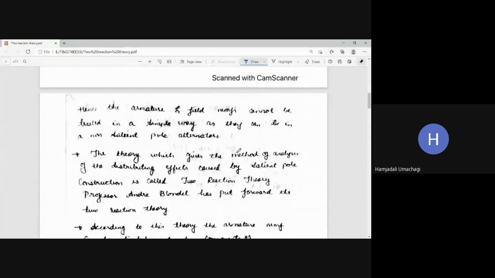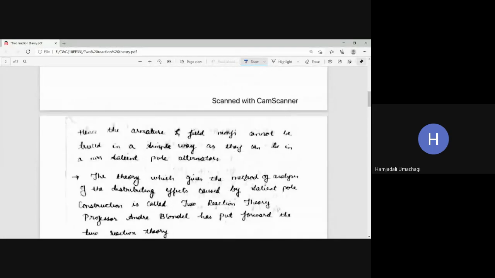The theory which gives the method of analysis of the distributing effects caused by the salient pole construction is called two-reaction theory. It is a theory proposed by Professor Andre Blondel, and it is all about how the fluxes will be distributed: armature flux and field flux, how they are distributed because of the construction of the salient pole machine.